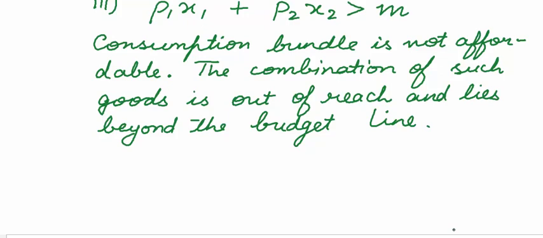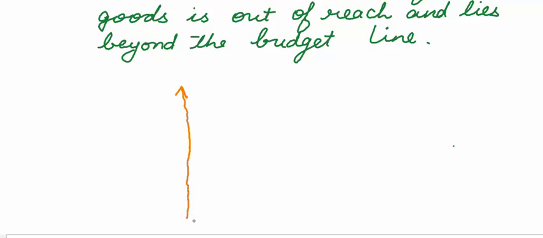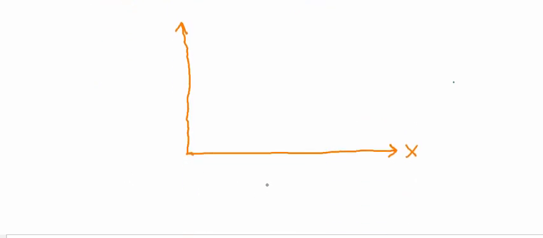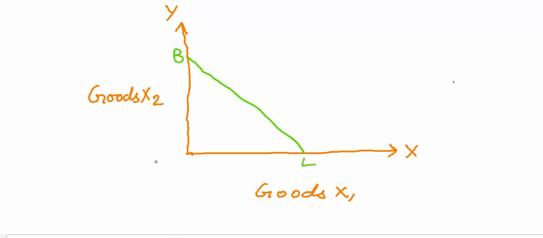Let's see it in a little detail with the help of a graph. On the x-axis, we have goods x1, and on the y-axis, we have goods x2. Suppose BL is the budget line of the consumer.